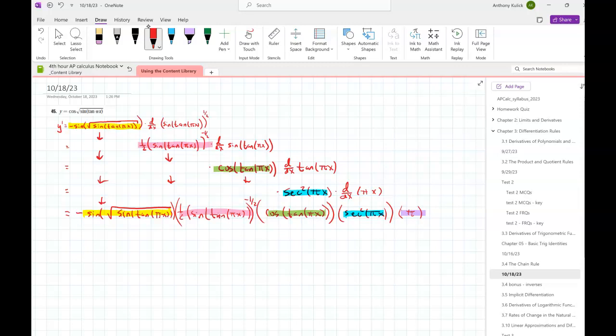I'm just going to do one layer at a time, working from the outside in, and keep peeling those layers back until there's nothing left to do, until all the chain rules are finished, and then I'm stopping.